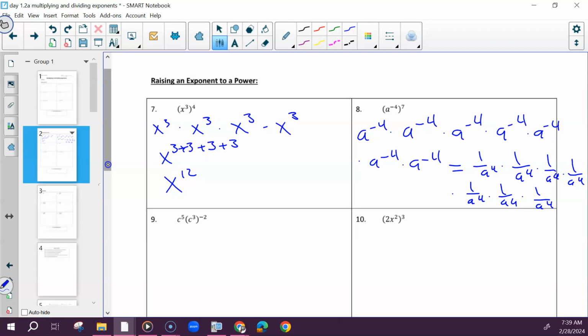If I were to combine all of those, since we know that we're multiplying each thing, we could add up all the exponents, 4 plus 4 plus 4 plus 4 plus 4 plus 4 plus 4, adding up all the 4s.